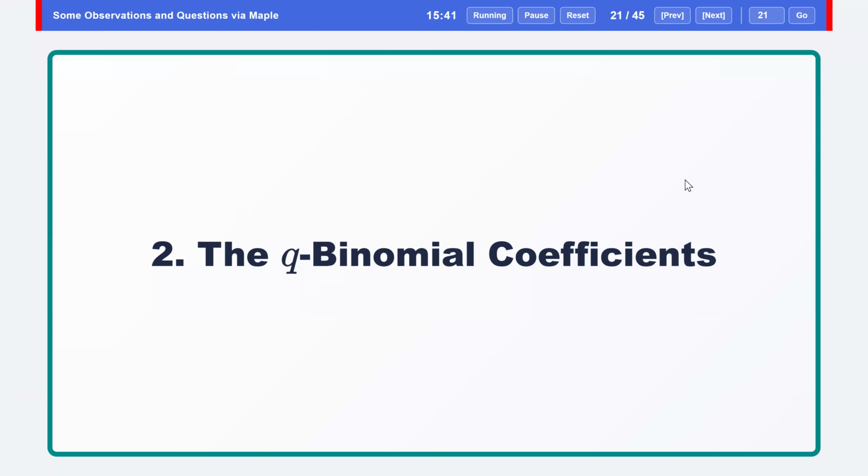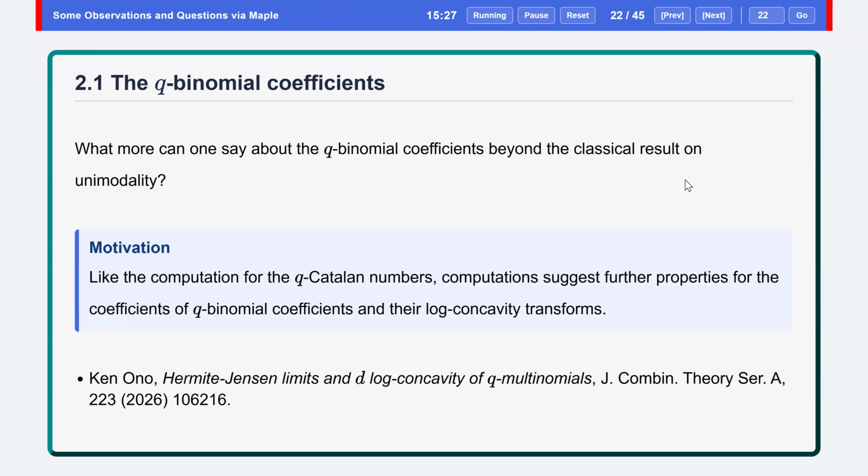The second classical combinatorial object that we are going to consider is the q-binomial coefficients. What can we say about the q-binomial coefficients beyond the classical result on unimodality?